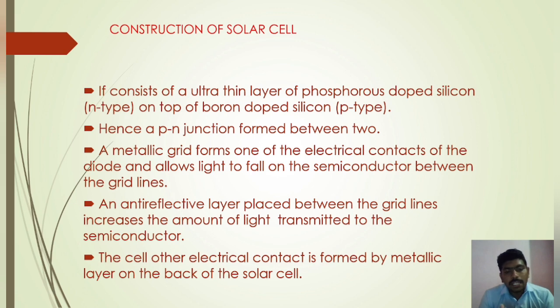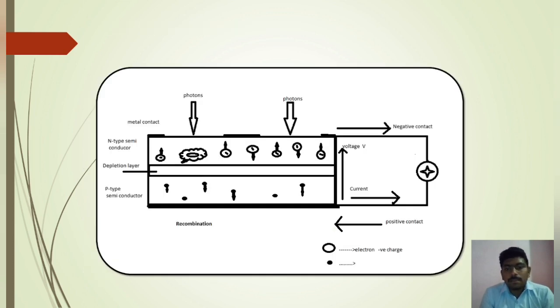Also an anti-reflecting layer is placed. What is the purpose of the anti-reflecting layer? It allows light to be transmitted to the semiconductor. This is the basic diagram.